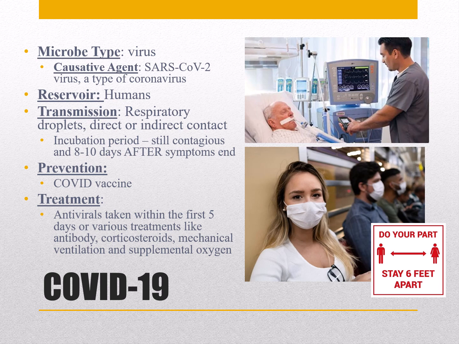So the prevention is the COVID vaccine. However, what we are now seeing is that this virus is mutating into different strains, which is not dissimilar to influenza, which is the next one we are going to talk about. There are different strains of the flu.